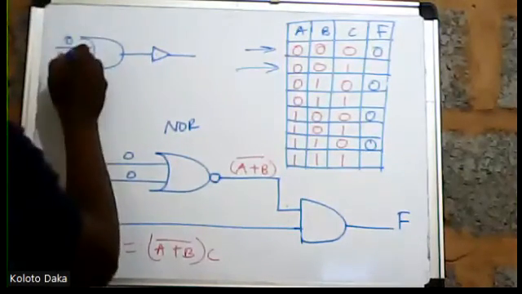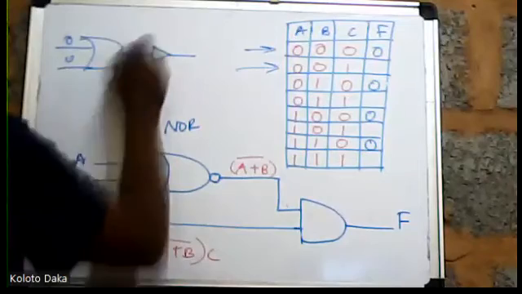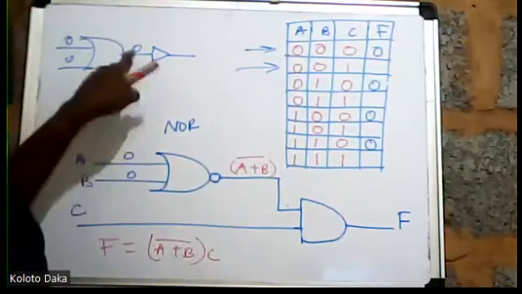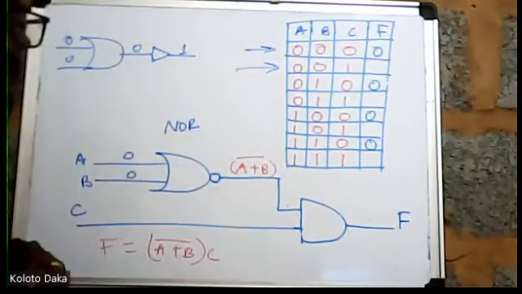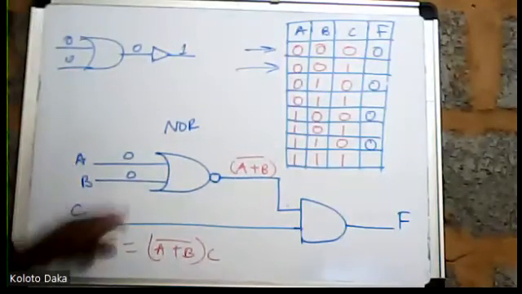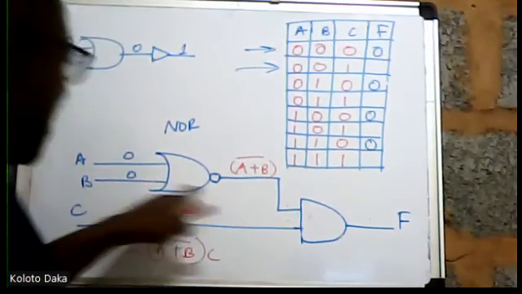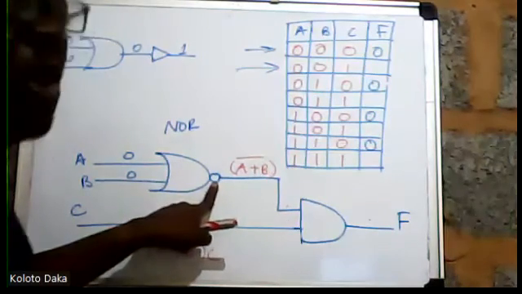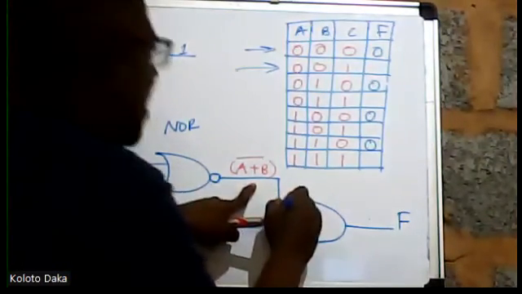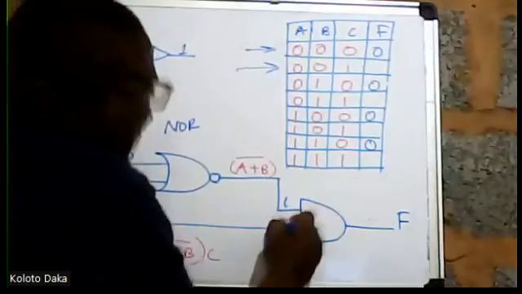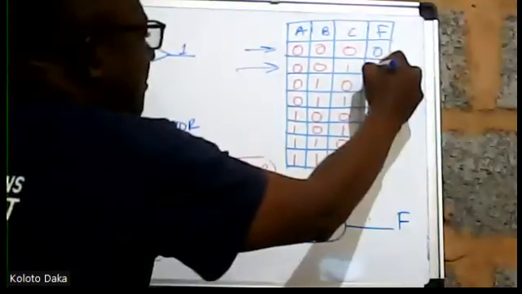You have a 0 here, 0 here, and you are going to have a 0. When you invert a 0, you get a 1. So 0, 0 goes in, but because this is a NOR gate, what comes out is a 1. So there is a 1 here, and since there is a 1 here and C is also a 1, we are going to have a 1 there.